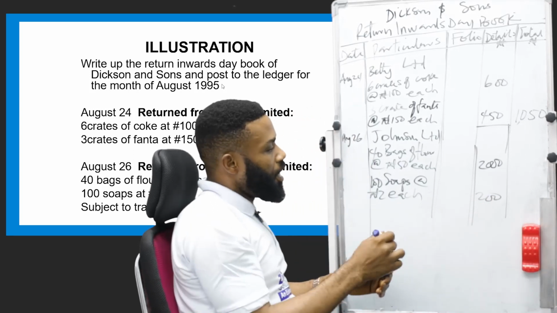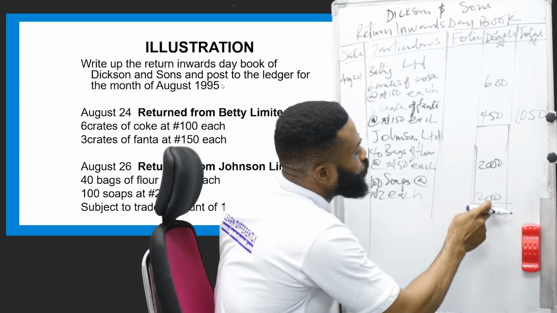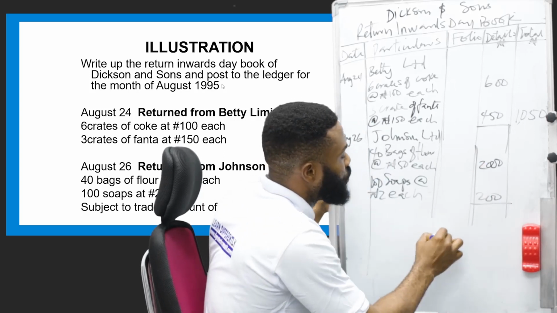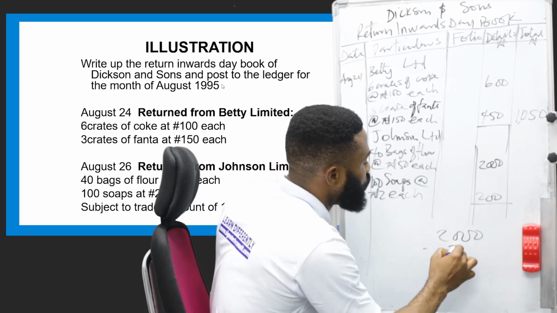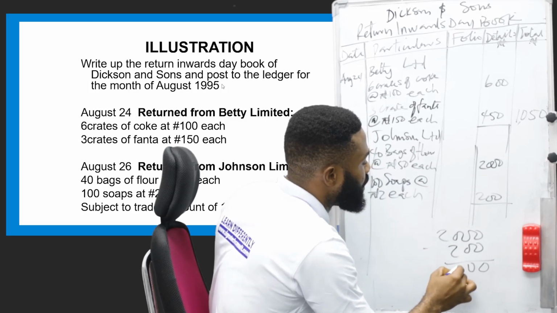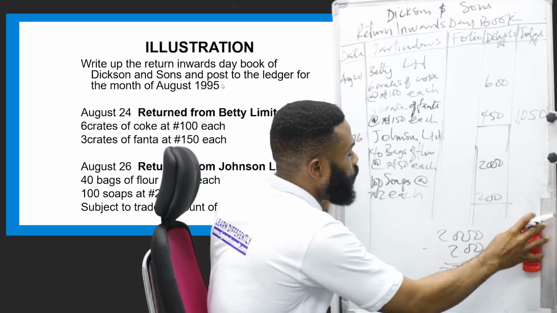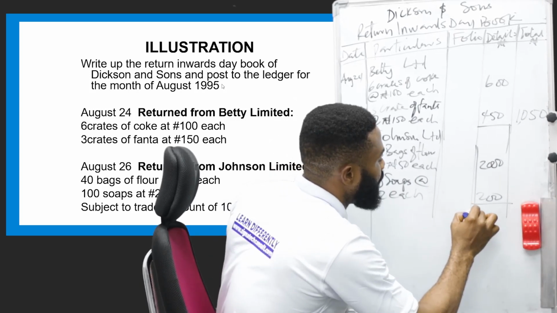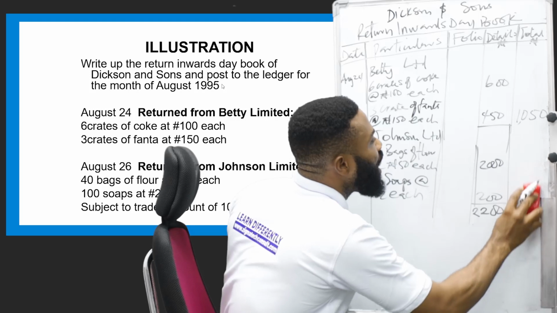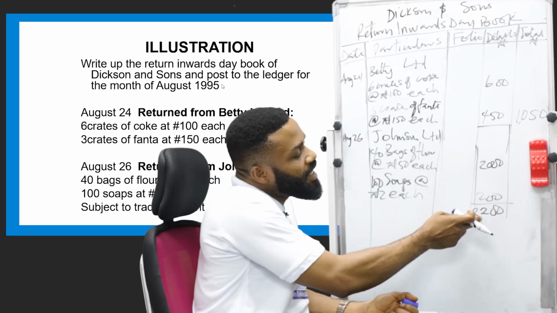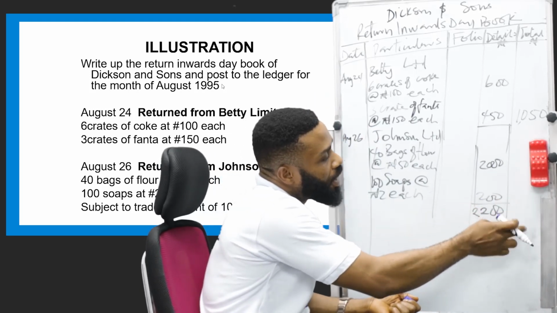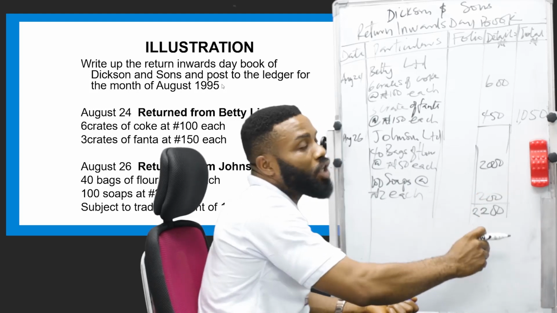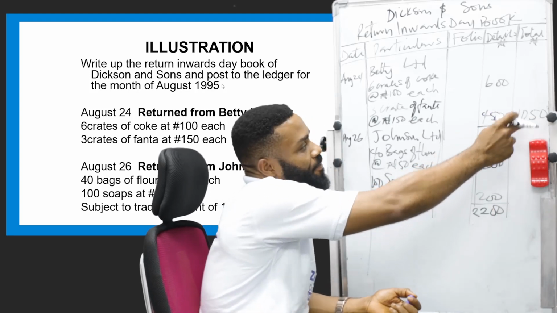Now, let's add. If you add 200 to 2,000, you have 2,200. So you can ask me, why didn't I write the 2,200 under the total column just the way I wrote 1,050 here?